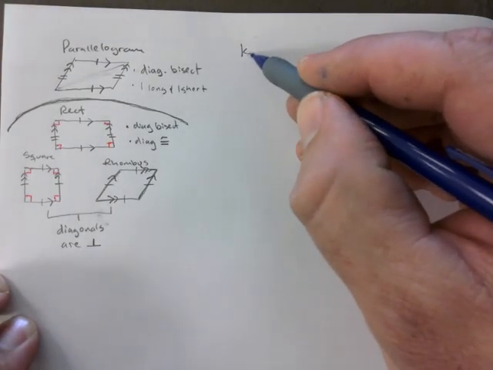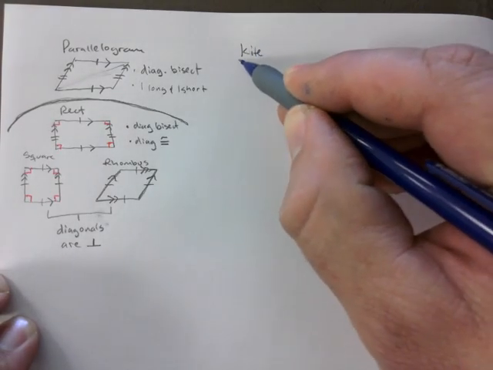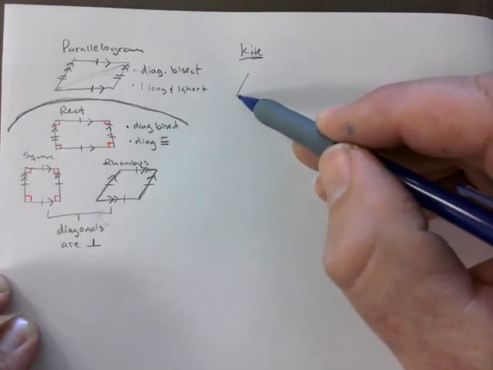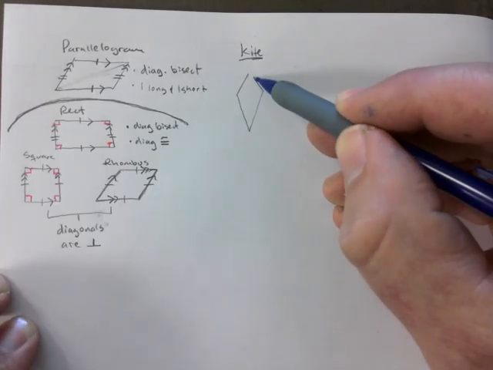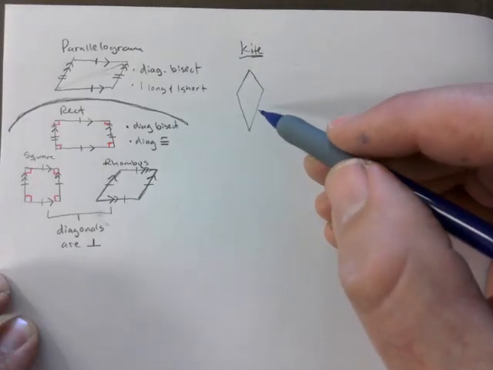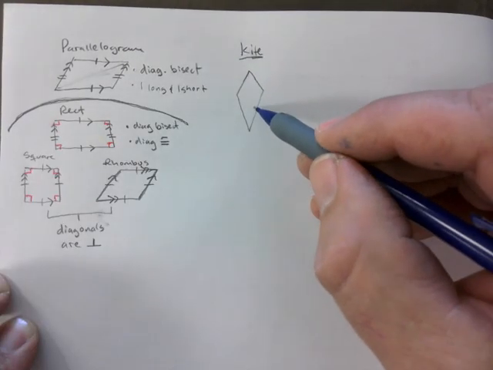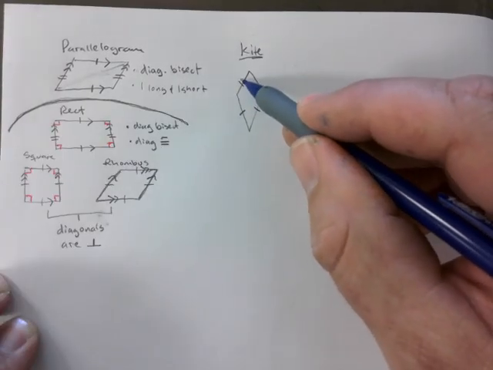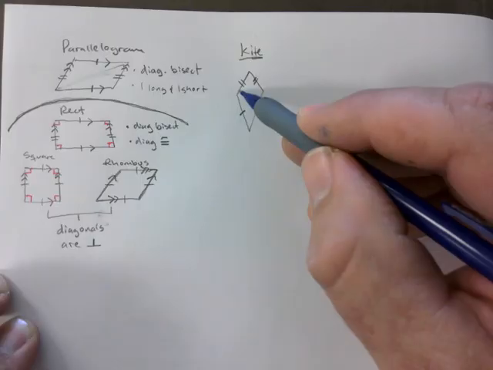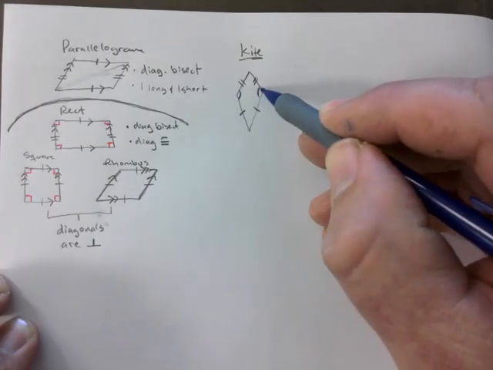You've got your kite, and the kite looks like this. I think this one you can get away with just marking. So this one is the same as that. This one is the same as that. This angle is the same as that angle.